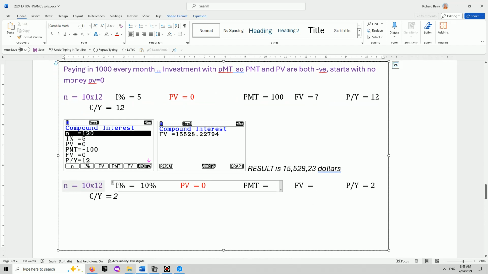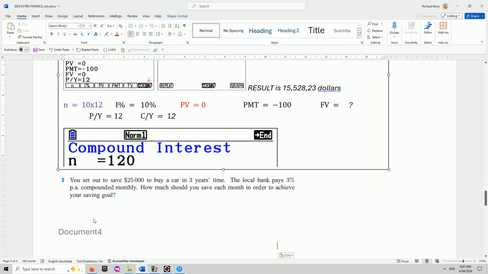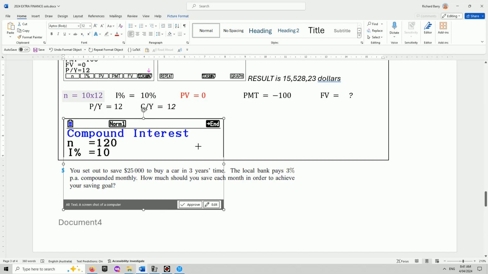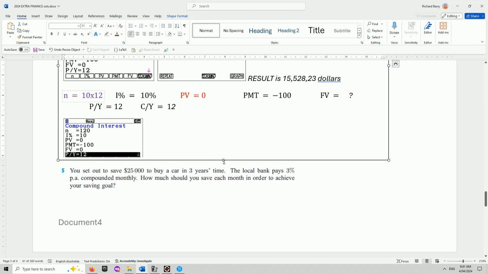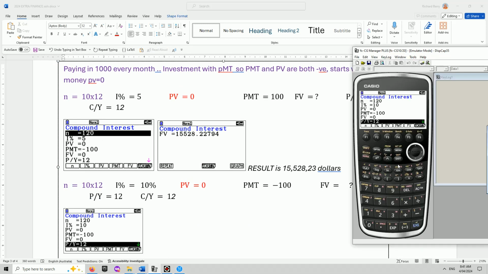The question is, is it going to double or will it more than double? My prediction is that it will be more than doubled. Should be very fast to do on the calculator since we only have to change one number. Now we'll just set that up so we understand what we're looking for. And future value.